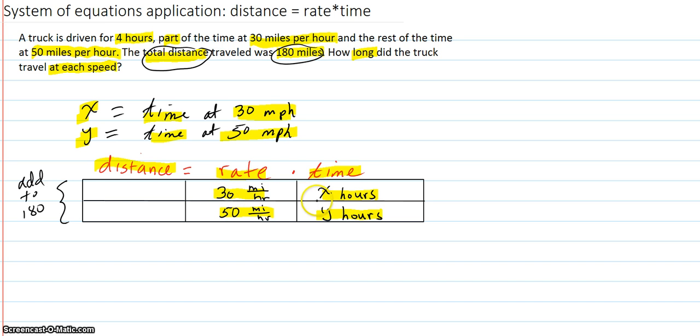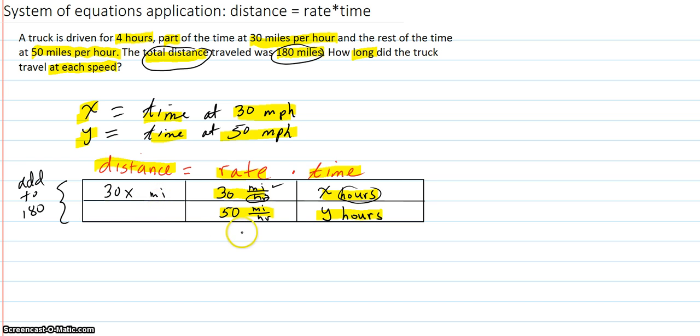30 times x is 30x miles. And notice I put the units. That's just as a check, because see, you have hours canceling out with hours here to leave miles. So it really is the correct units.